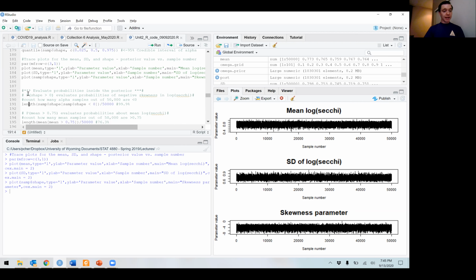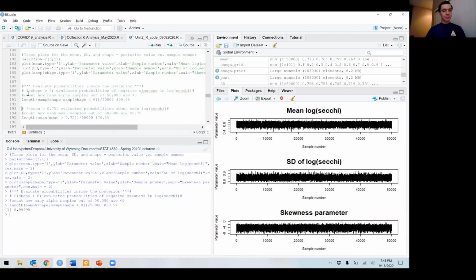The way I'm going to do that is first find how many of my 50,000 samples of the shape parameter are below 0, divide that by 50,000 and subtract from 1, because I'm looking for the probability of a positive shape parameter. So I'm going to go 1 minus the probability of a negative shape parameter.